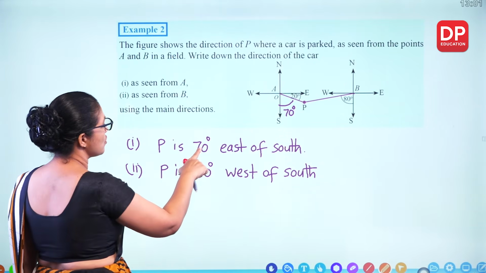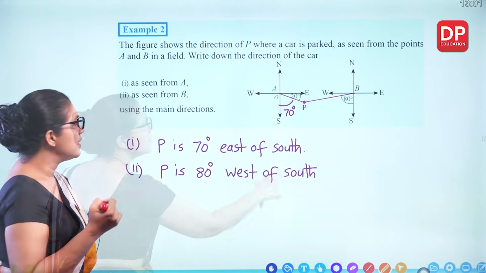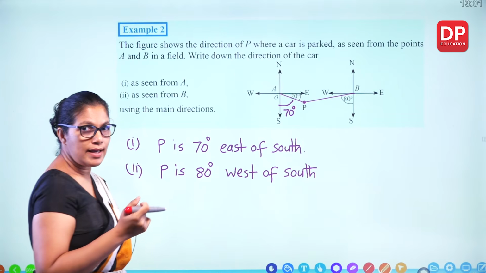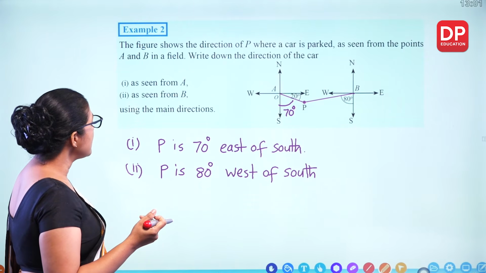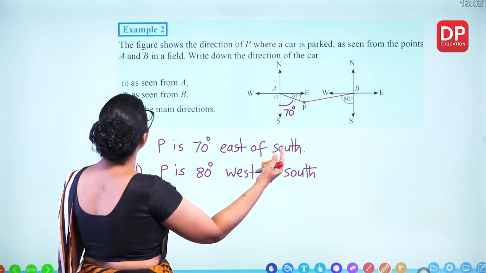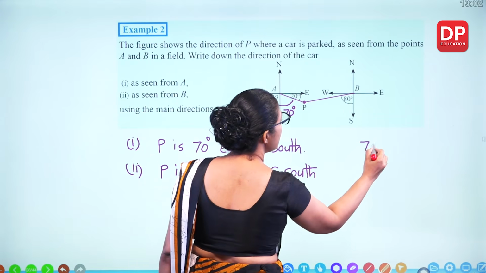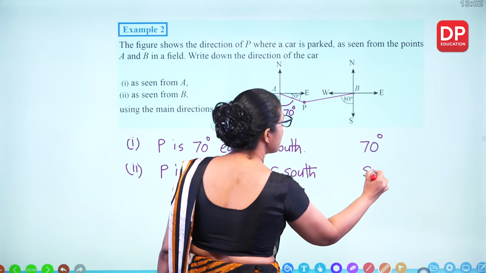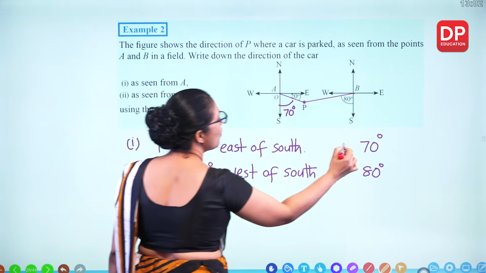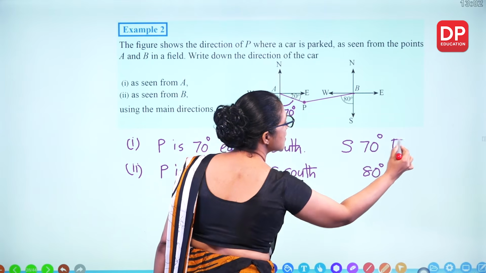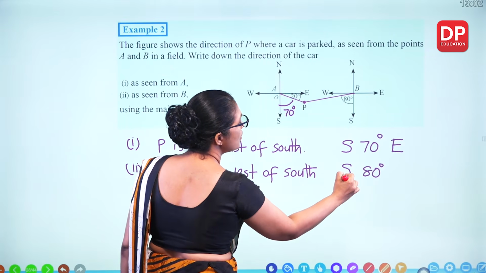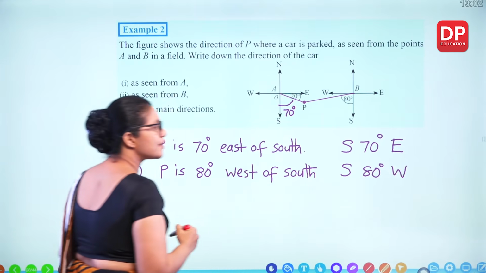Using the main directions, we normally use south and north, or the other two directions, west or east. So I can write this in another way: 70 degrees and here 80 degrees. Starting from south towards east. This one I can write starting from south towards west.